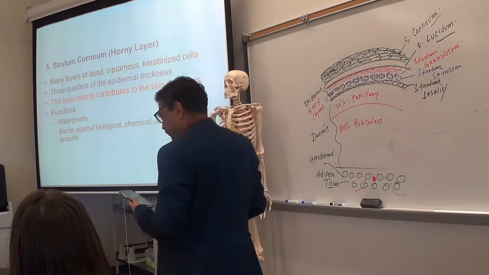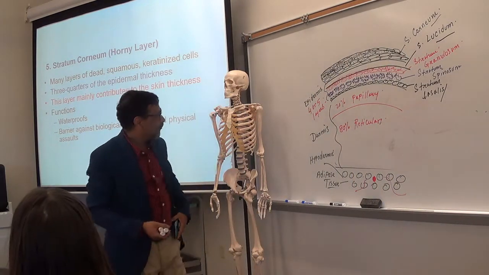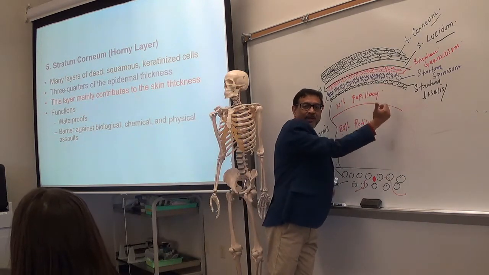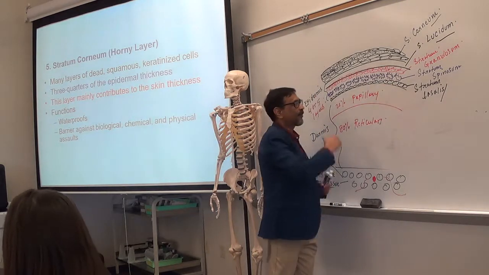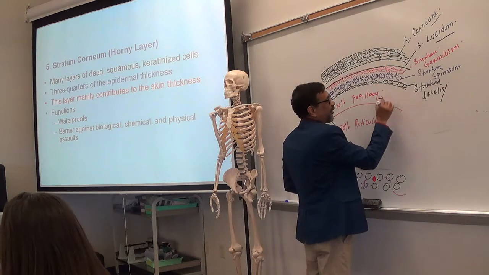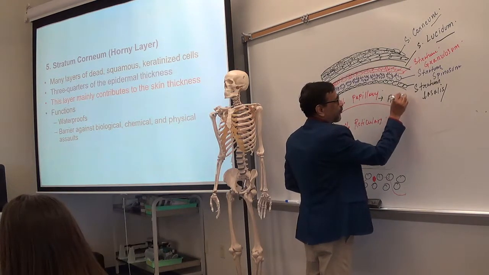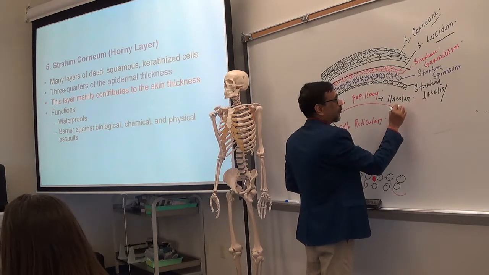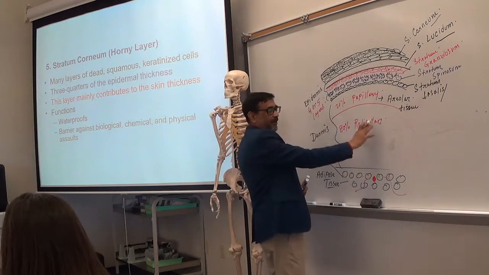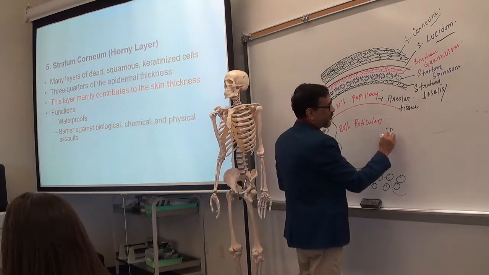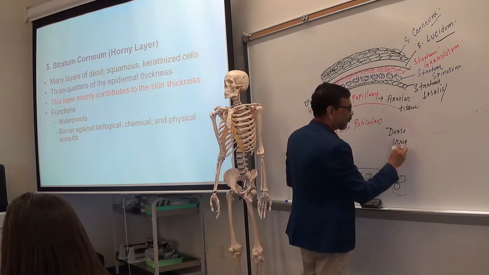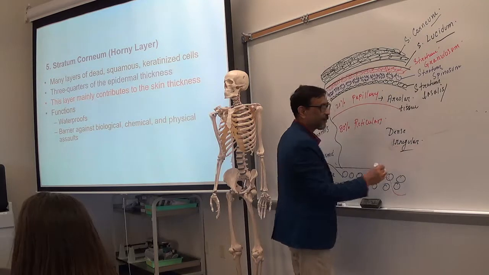Now, in the 2 layers, you have 2 different types of connective tissue. The papillary layer is areolar type connective tissue. And the inner reticular layer is dense irregular type connective tissue.